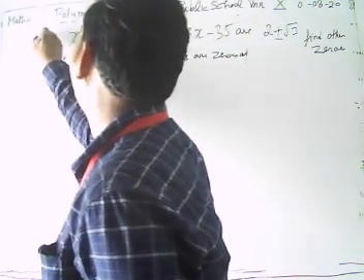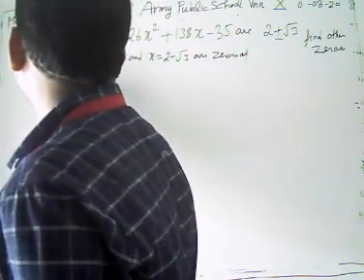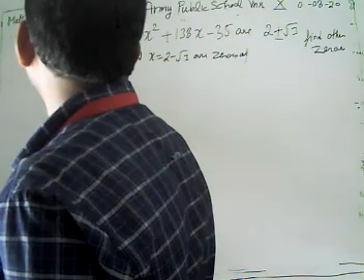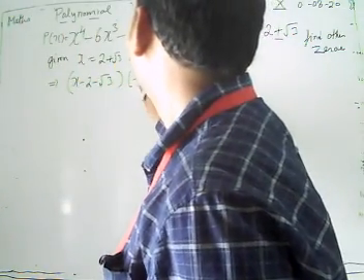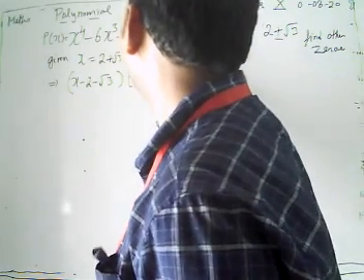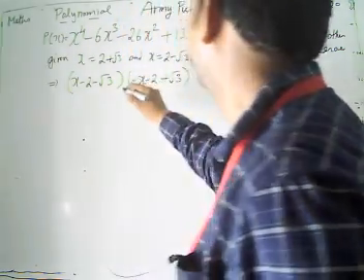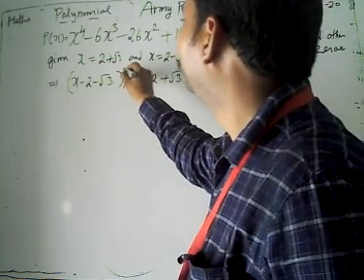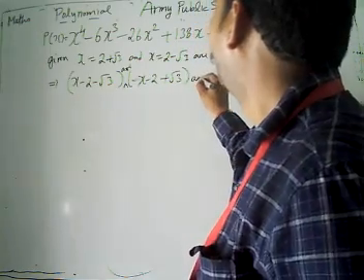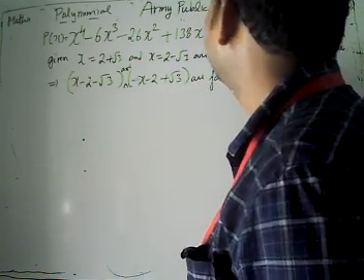We take the polynomial p(x). This implies x minus 2 minus root 3 and x minus 2 plus root 3 are factors of our p(x).